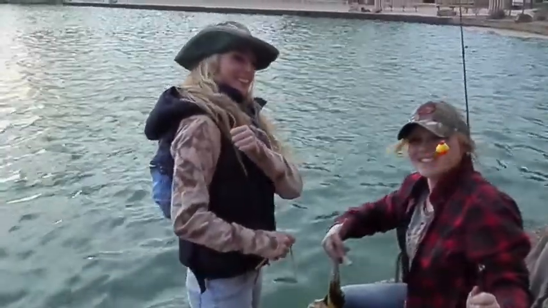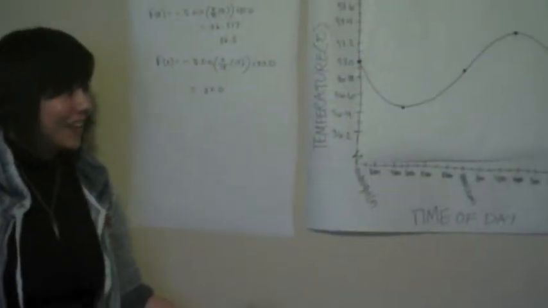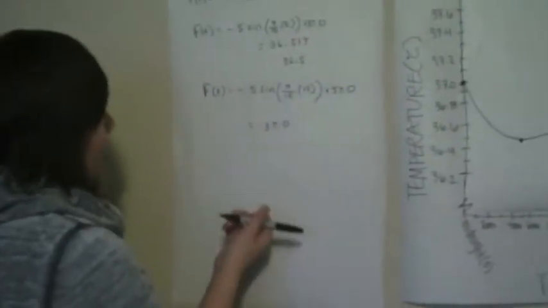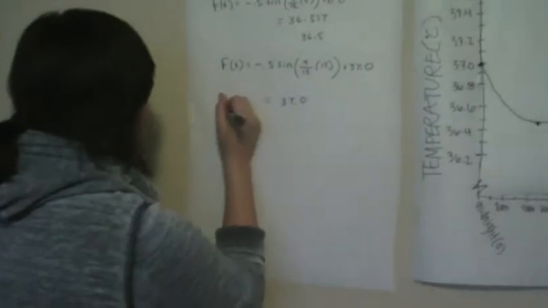Now we're going to be testing another point, which is 17, which is 5 in the afternoon. So we're going to do the same thing we did before, which is replace the t with 17.